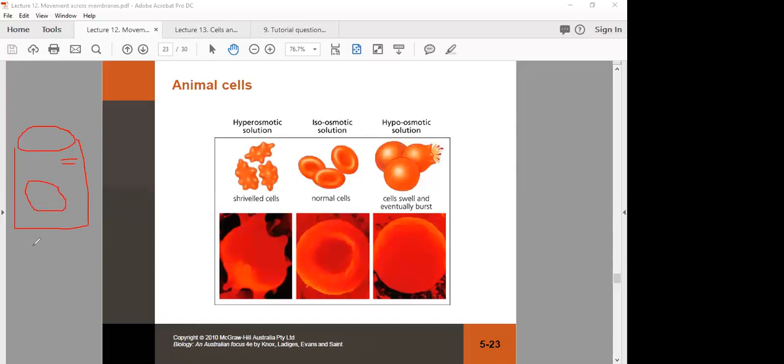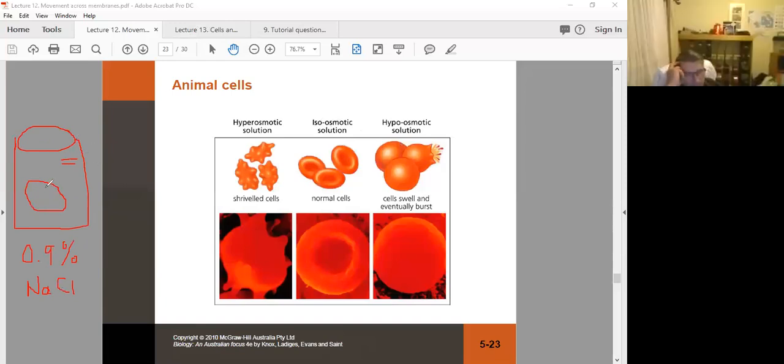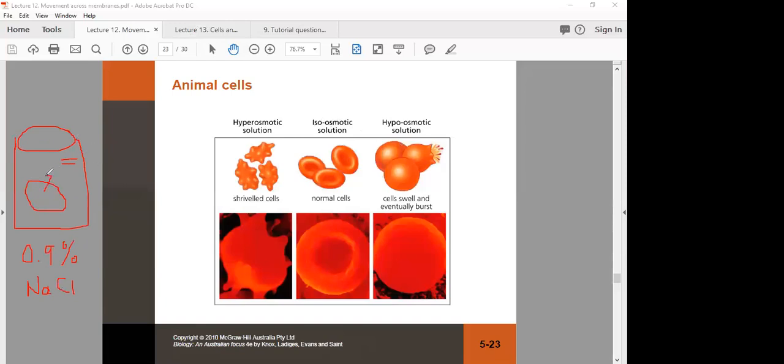So it's probably something equivalent to about 0.9% sodium chloride, which is something you would have used in your cell membranes prac as an isotonic solution. So what happens in this case to water movement? It's an equilibrium, so it'll be the same in both directions. There'll be no net overall movement, and the animal cell will retain its normal shape.